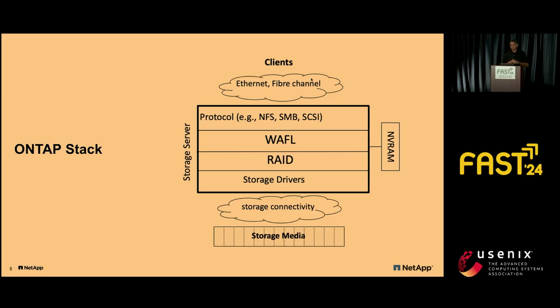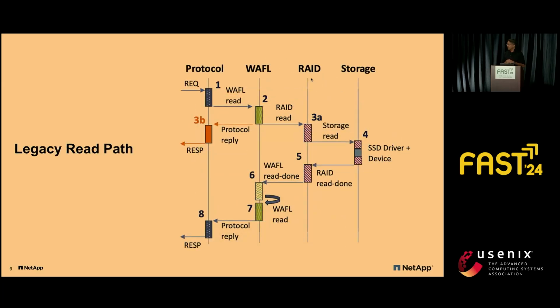Now, the way the software is organized is that each of these layers has its own data structures and its own thread pools. And this simplifies synchronization and allows for independent development and optimization of all of those layers. The layers communicate with each other through message passing. And that's good, but it results in an I/O path that looks something like this. You get a network request for a read.